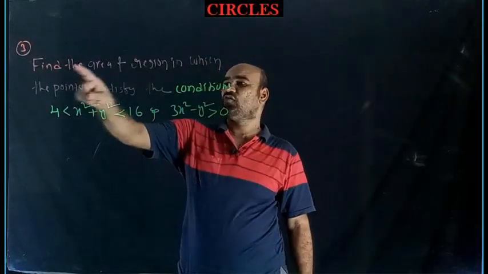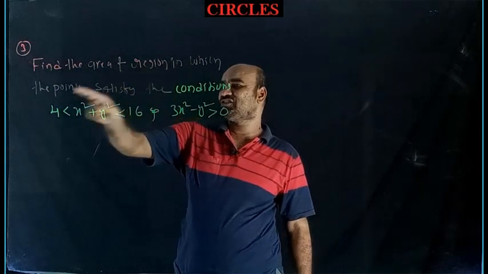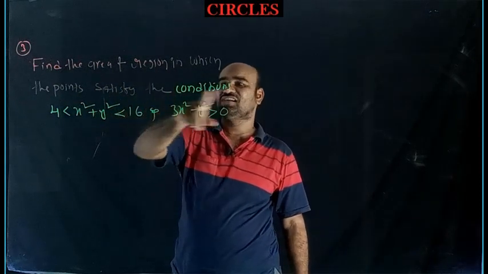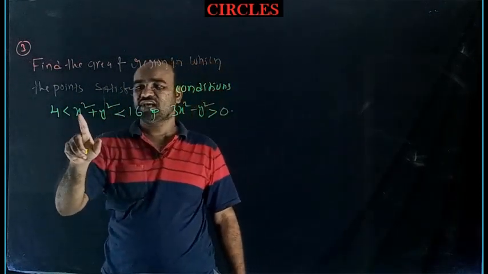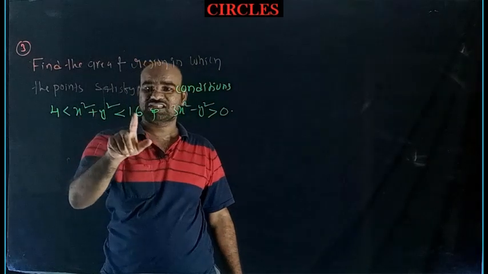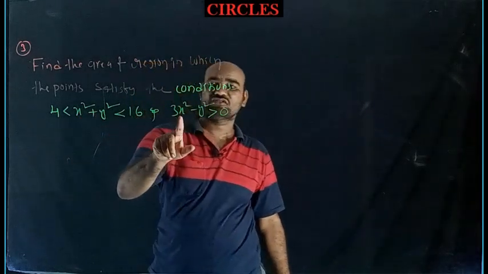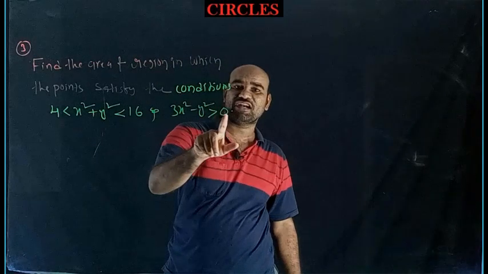Interesting one. Find the area of the region in which the points satisfy the conditions 4 less than x square plus y square less than 16 and 3x square minus y square greater than 0.